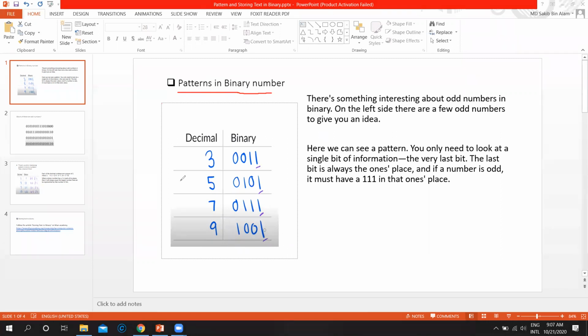For example, we now know how to convert decimal to binary. Here, binary of 3 is 0011. I hope you can remember.